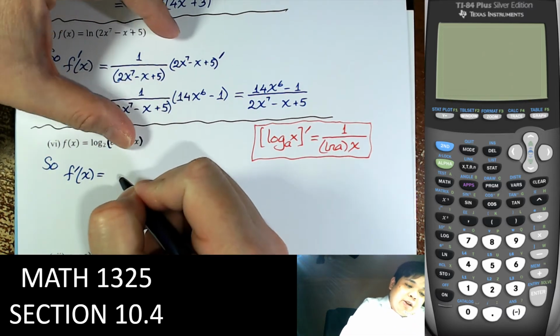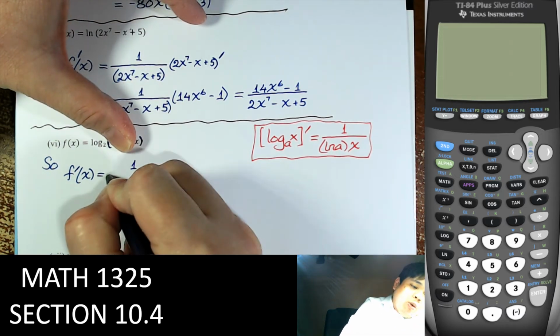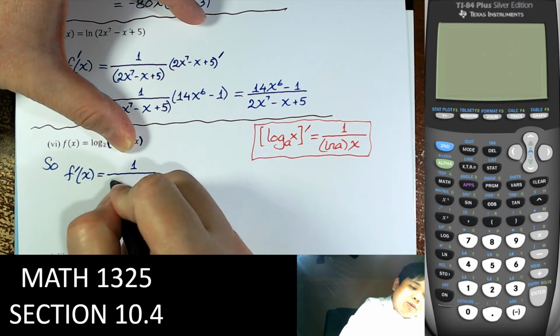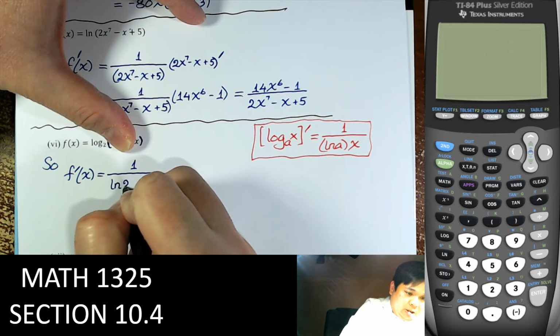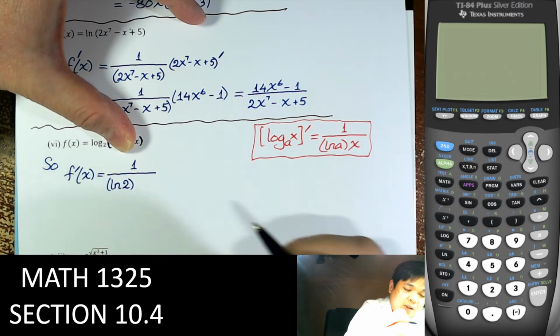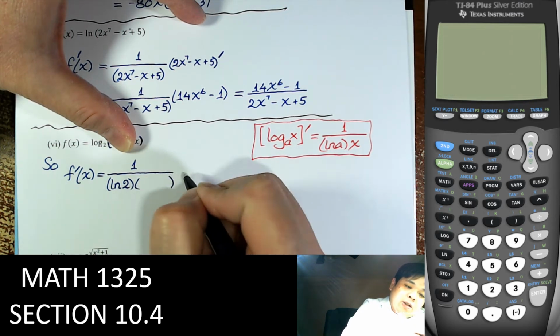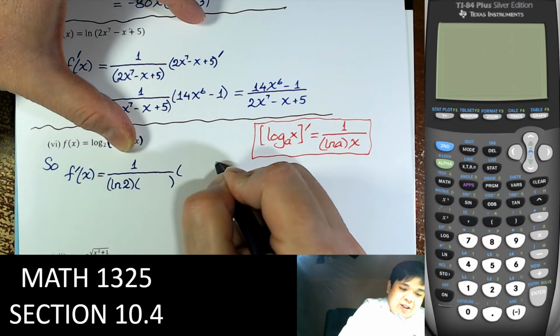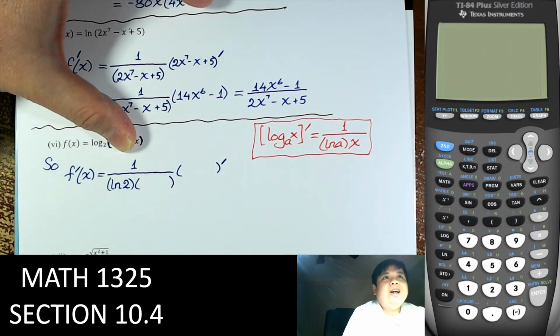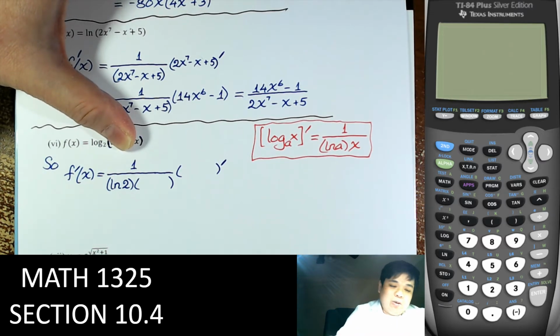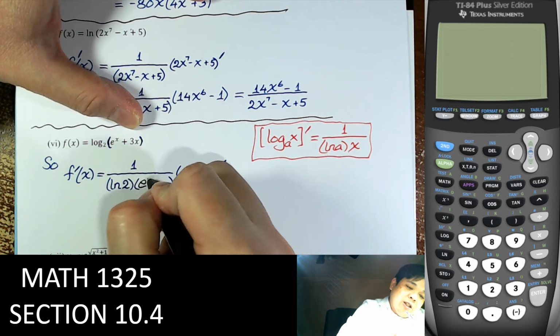So we have log base 2, so 1 over ln of 2, and then the derivative of the parentheses. It doesn't matter what is inside. What is inside is e to the x plus 3x.